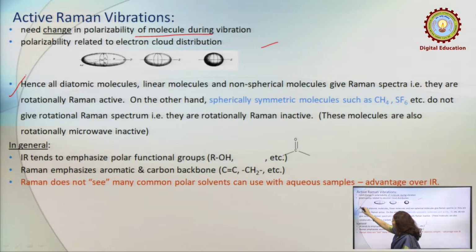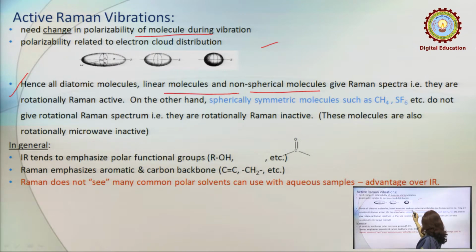On the basis of this, all diatomic molecules, linear molecules and non-spherical molecules give Raman spectra, that is, they are rotationally Raman active. On the other hand, spherically symmetric molecules such as methane, SF6, etc. do not give rotational Raman spectra, that is, they are rotationally Raman inactive.